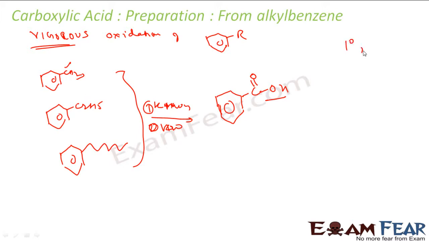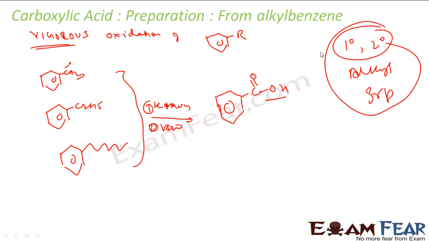So 1 degree or 2 degree alkyl group. It doesn't matter how long or how short the chain is, it will just oxidize and become benzoic acid. Correct? So you can use an oxidizing agent like chromic acid or acidic or alkaline KMnO4. You can use a very strong oxidizing agent, because a vigorous oxidation is required here.